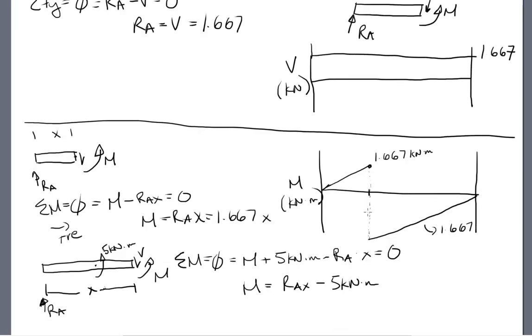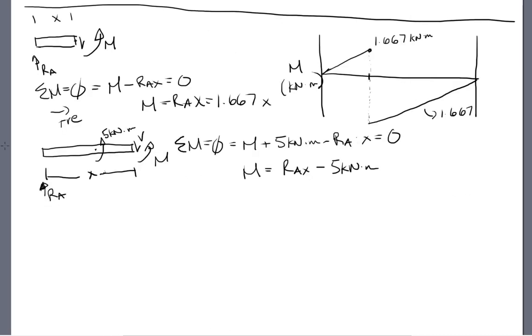So how did I know it was negative? One, you can do it analytically here. But if you just think about it for a second, if I have this free body diagram here, let me just draw it again. Okay, and right here I have the applied 5 kilonewton meter load. Once I hit that, as I come along here, and this is x, once I hit this, in order to counteract it in a static situation, I have to apply a moment this way, right?